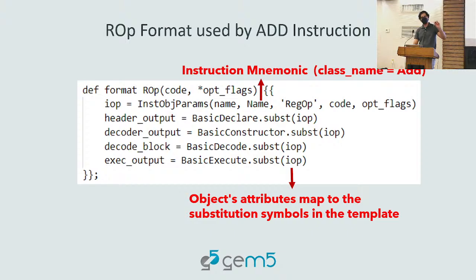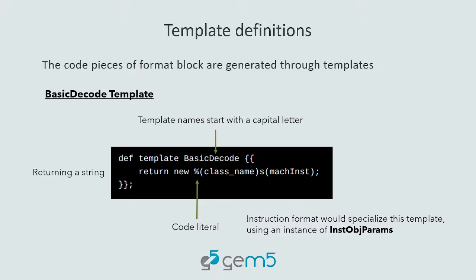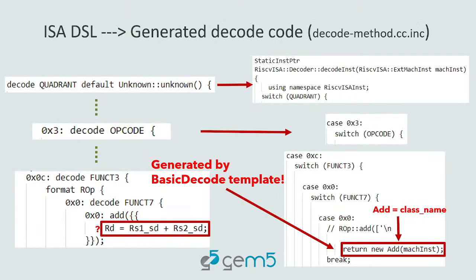If you go back to your template, the class name we are using is add. This is the same class name that corresponds to the mnemonic of the instruction. Let me quickly go to the actually generated thing. The left side is our entire decode logic for the specification in the DSL, and the right side is the actually generated C++ code.